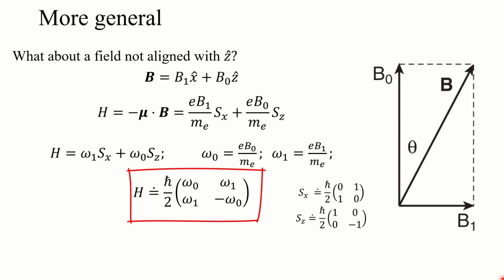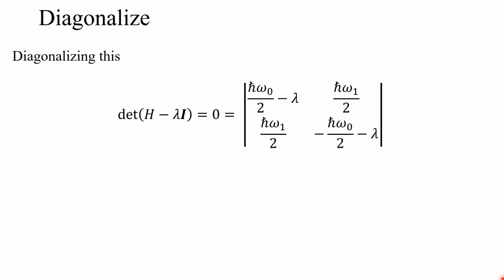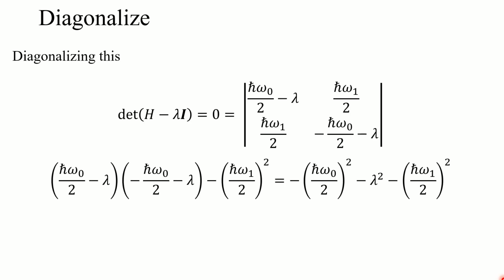Now, the first step in figuring out our time dependence is to diagonalize this. To diagonalize a 2 by 2 Hamiltonian, we take the determinant of our secular equation, the Hamiltonian minus our eigenvalues times the identity matrix, and set that equal to 0. So that looks like this. If we take that determinant, we get the diagonal terms multiplied with each other minus the off diagonal terms multiplied with each other.